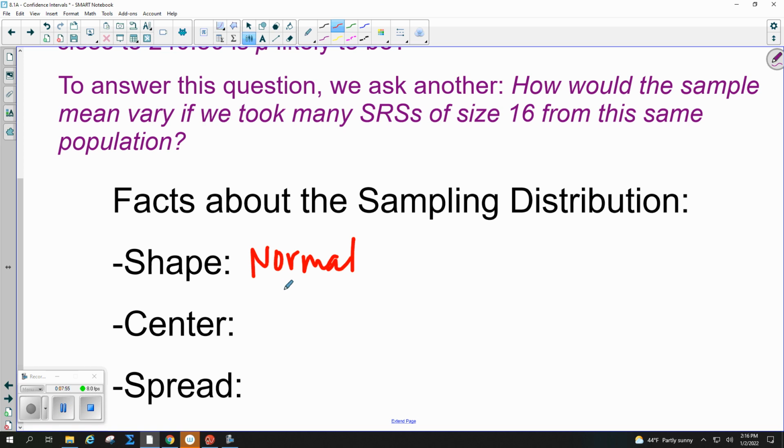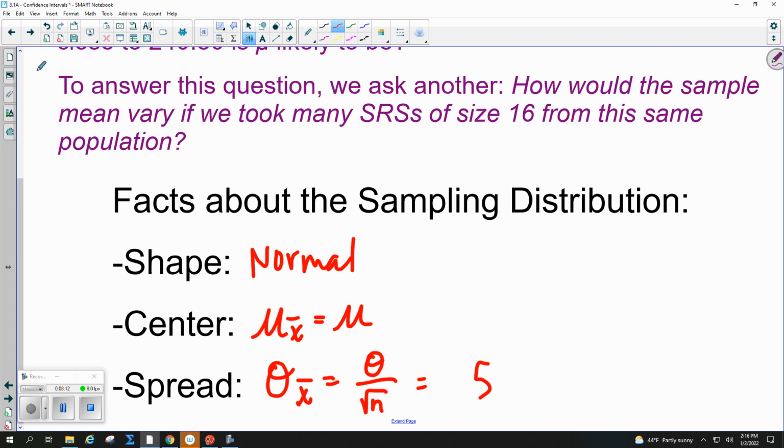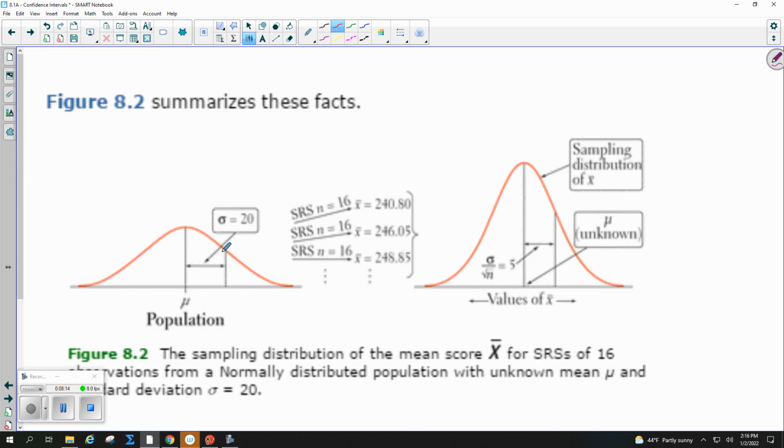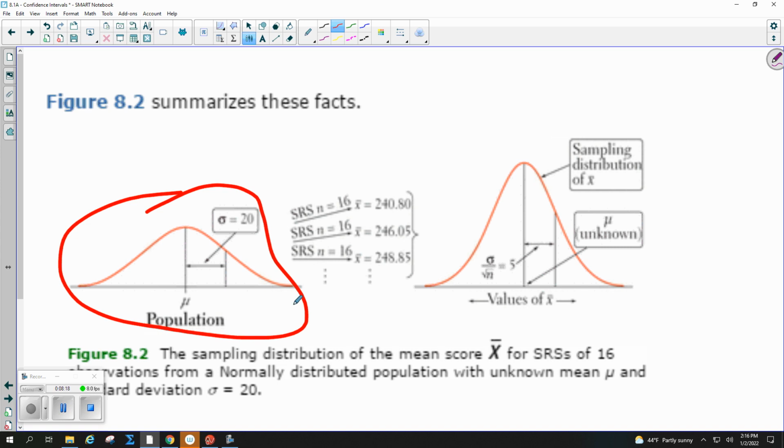We know that the center of all the little X bars is equal to the true mean. And we know for spread, the standard deviation is equal to the population standard deviation over the square root of n, which we got 5 for. So because of that, here's our population spread right here, where our standard deviation is 20 and mu's right in the middle.